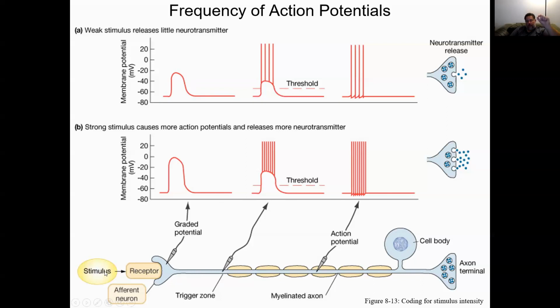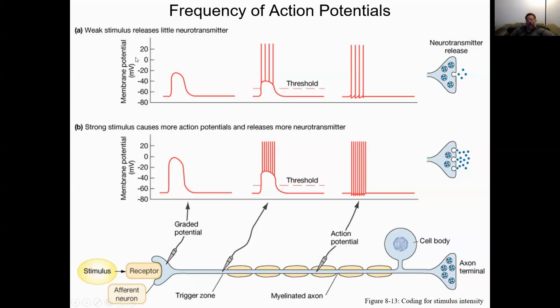And we have a stimulus, some type of response, maybe stretch receptors on the skin. It's just a variety of different possibilities that triggers the graded potential in the afferent neuron. And so the graded potential increases. What does it mean by increases? It means that the inside becomes more positive, more sodium's coming in.